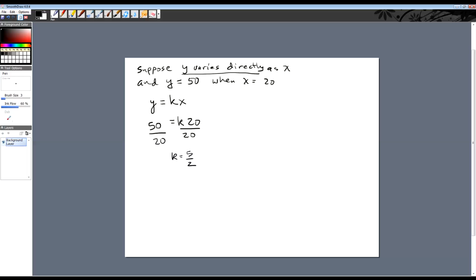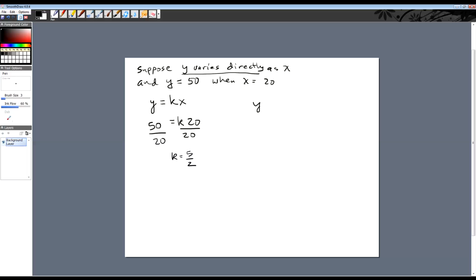Now, if we know that y varies directly as x, and y is 50 when x is 20, once we solve for the constant, with the same direct variation we can plug in any value of x and find the corresponding value of y. And they've done that in this example. They tell you to find y when x equals 14.